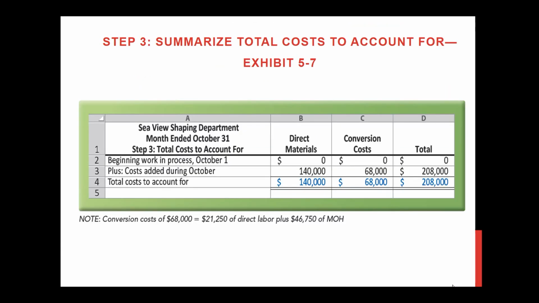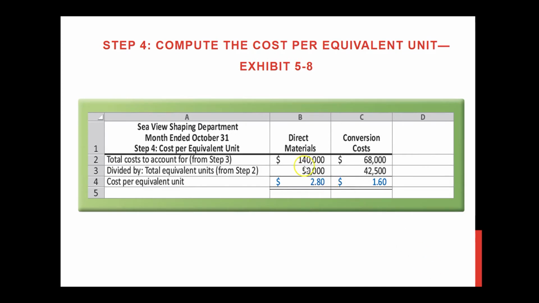So now we will divide these total costs by total equivalent units, which are from our first table. And this is how we calculate cost per equivalent unit. So this is our total costs to account for, 140,000.